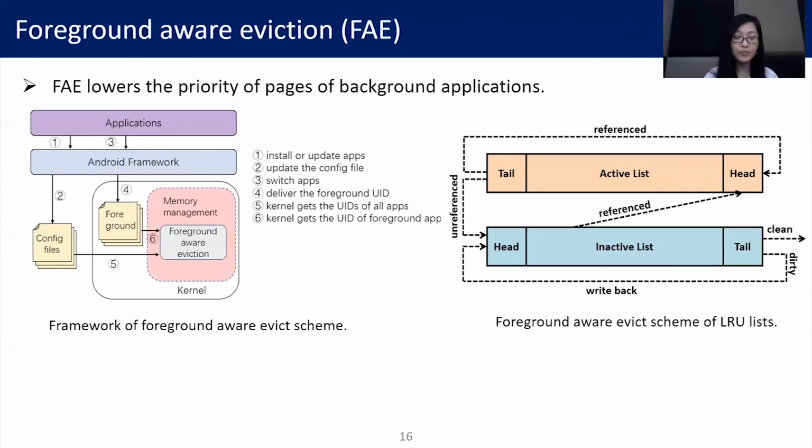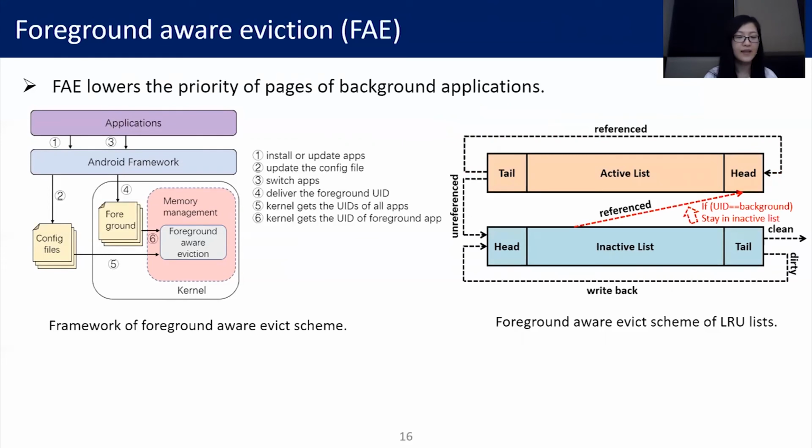In the eviction procedure, these background applications will get lower priority when their pages are moving. For example, when a page in the active list is referenced, it should be moved to the header of the active list, but if it belongs to a background application, it will be moved to the header of the inactive list.